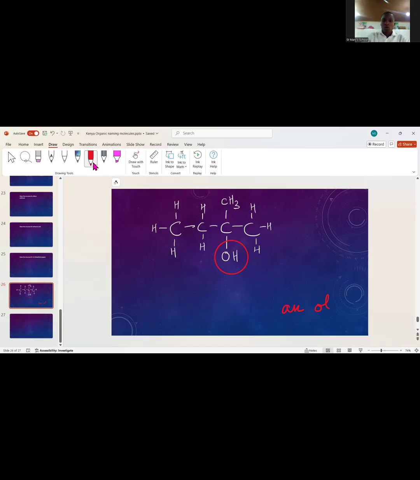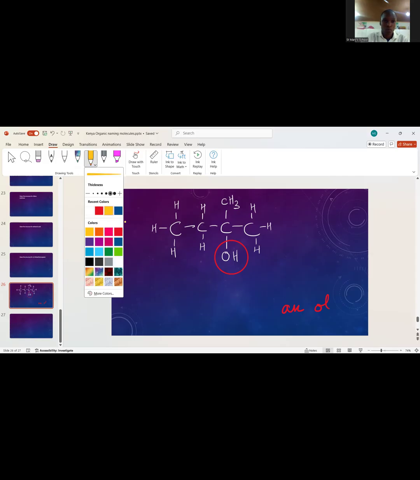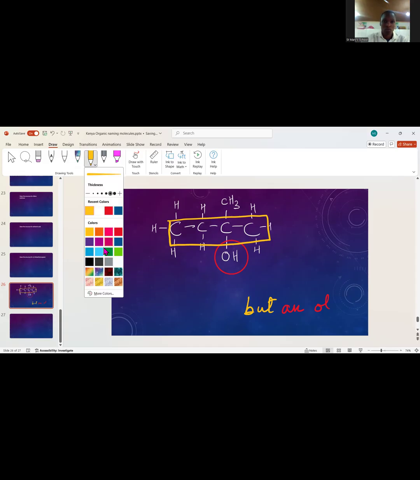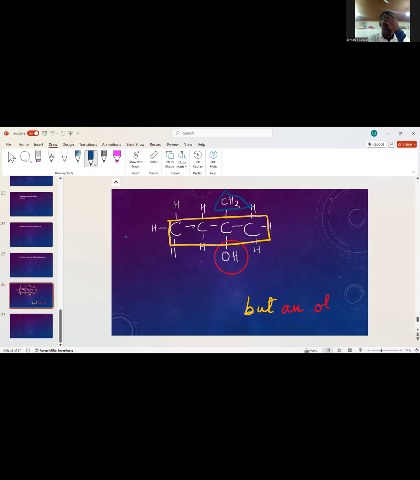Then I'm going to look for the longest continuous carbon chain. This is the longest continuous carbon chain here, and that makes it butanol. And then I also have a substituent. My substituent is here, and that is a methyl.